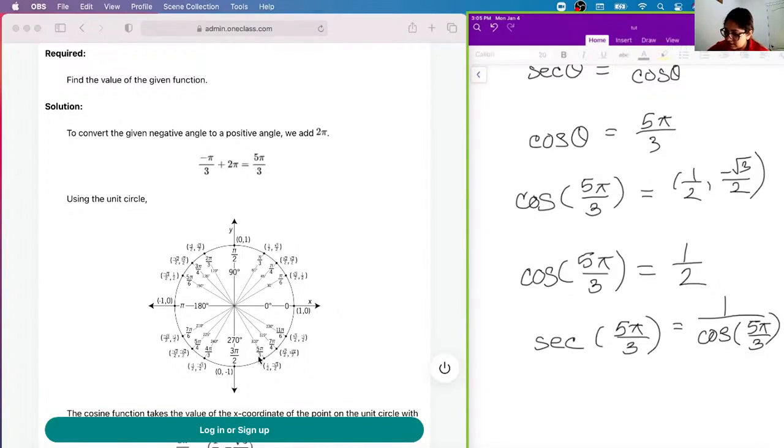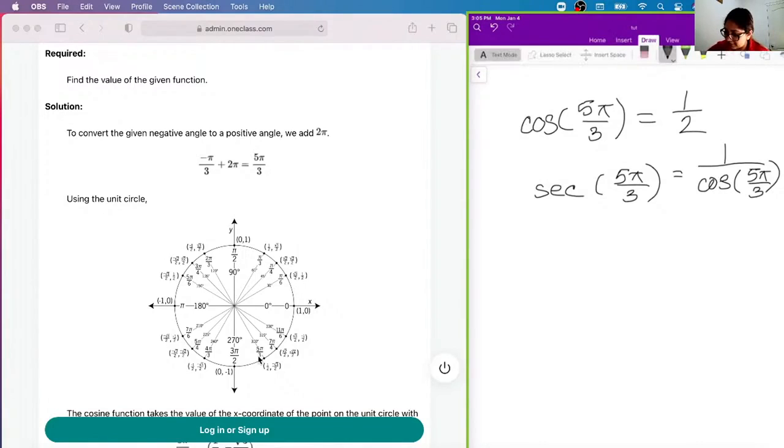Since we said that cos of 5 pi over 3 is a half, we are going to take the reciprocal of a half. So we have 1 over 2, and to take the reciprocal of that, you have 2 over 1, which is equal to 2.